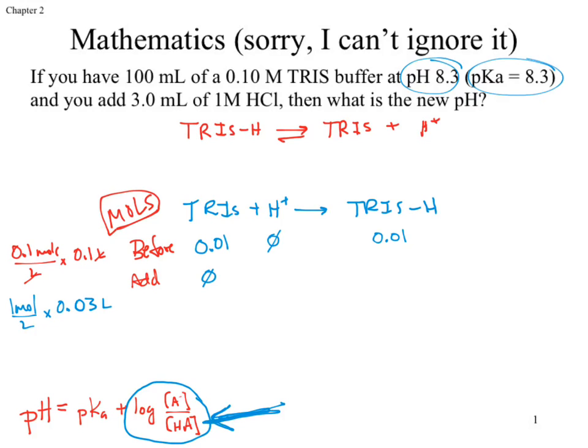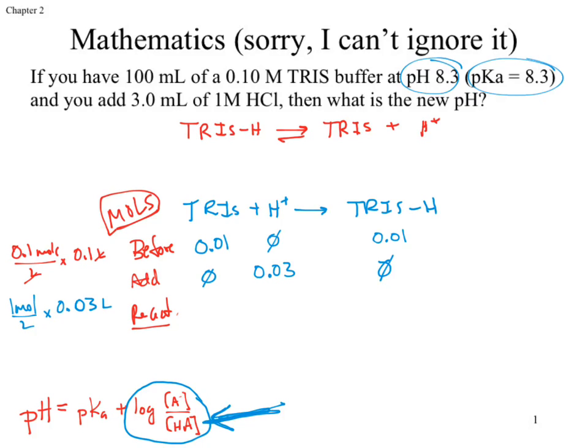So the moles of our acid added was 0.03. What was the moles of our Tris H added? How much did we add of Tris H in the process of adding strong acid? Nothing. We then allow these things to react with each other.